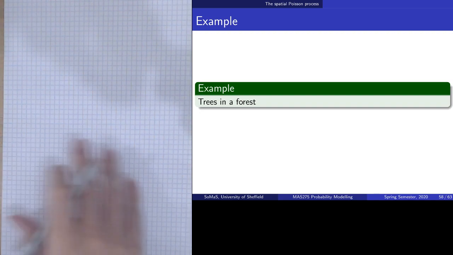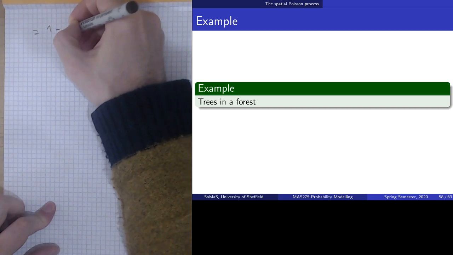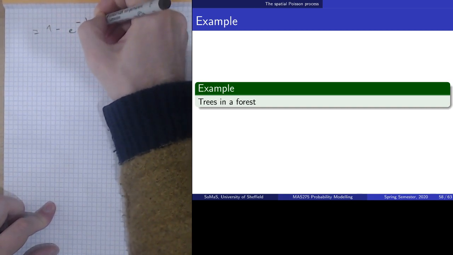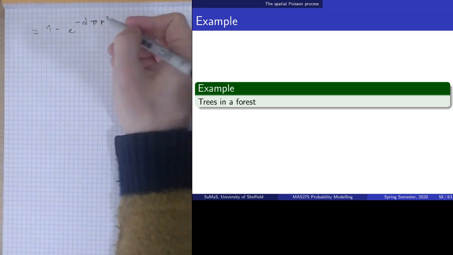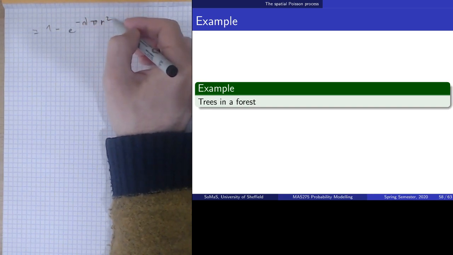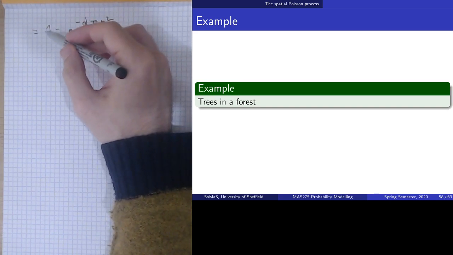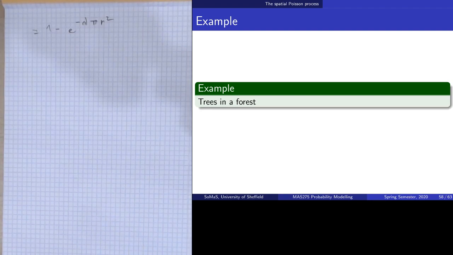But this is equal to 1 minus exponential of minus lambda pi r squared, because pi r squared is the area, and this is the probability of a Poisson variable being 0. So 1 minus this is the probability that the Poisson variable is at least 1.